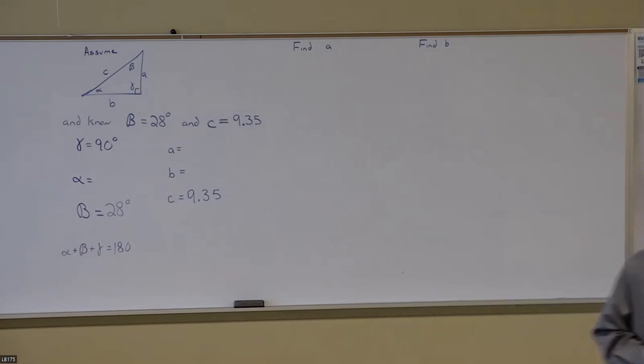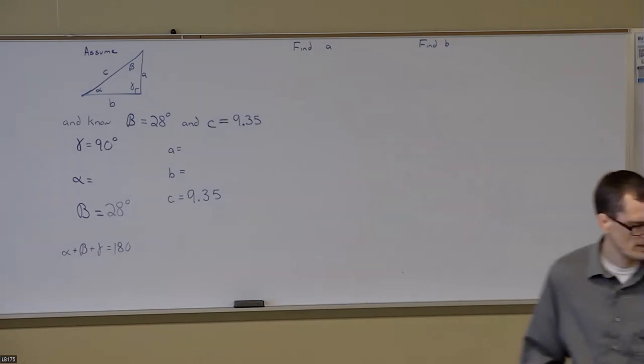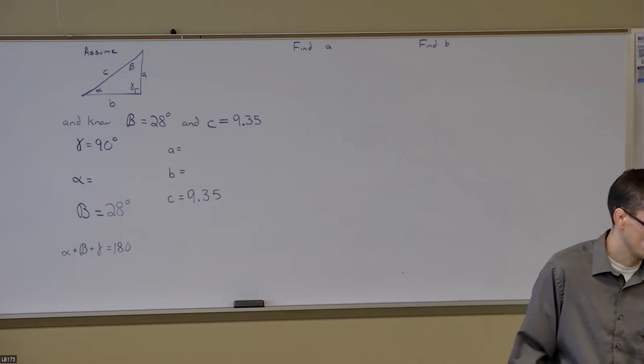I got the angle and I was working on the length. If you want to use 90, no, the gamma won't ever give you anything, because sine and cosine of 90 is 1.